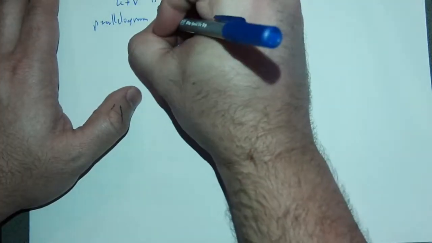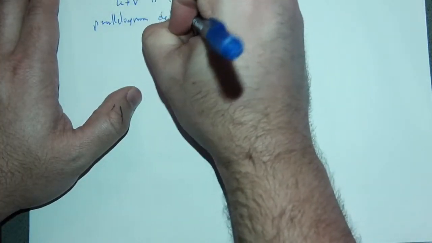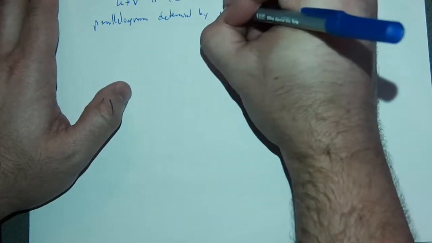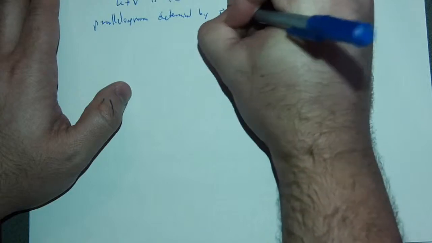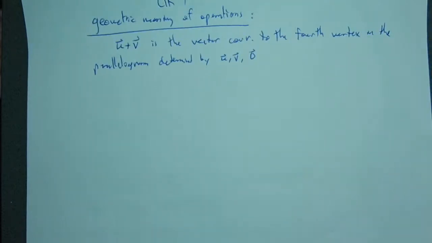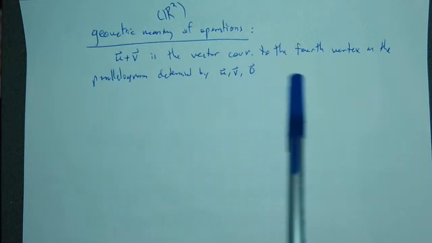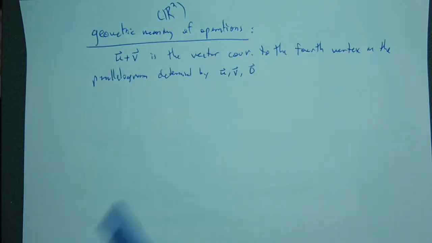So this is in R2 still. This is the fourth vertex in the parallelogram determined by u, v, and 0. I haven't mentioned that yet. Oh, I'm off the page. So the geometric meaning of operations: u plus v is the vector corresponding to the fourth vertex in the parallelogram determined by u, v, and 0.